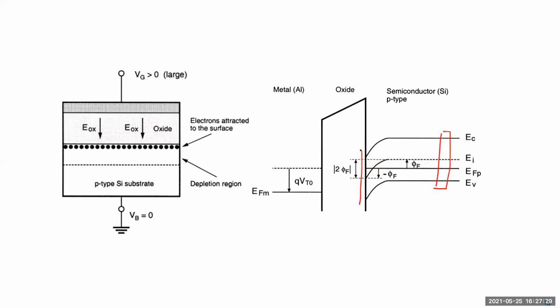And if I draw the band diagram, if I exaggerate it, this is EC, this is Ei, and this is EF, which now is actually n, right?